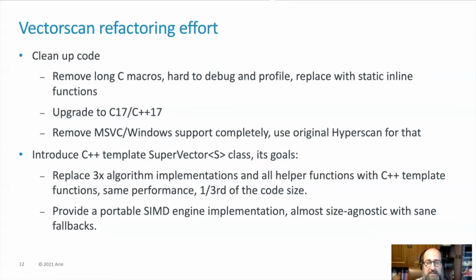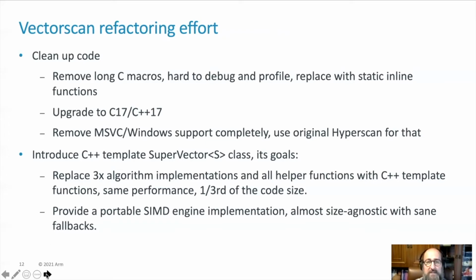Now for the second step, we introduced a new C++ template vector class, the super vector class. That enabled us to replace the three algorithm implementations that we had and all the accompanying helper functions with C++ template functions. We managed to keep the same performance, but at one third of the code size, as the optimizations were compile time and inlined.